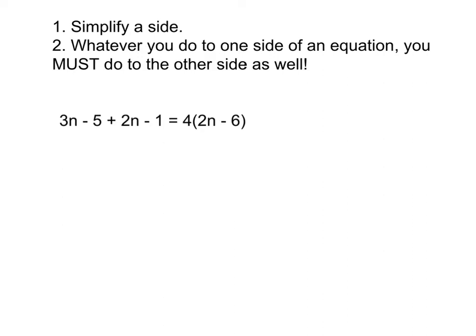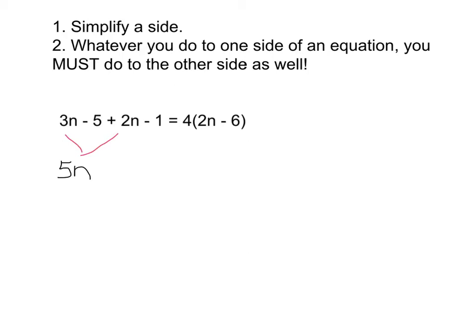If we only consider the left side of the equation, we notice that we have two terms with n's in them, that being the 3n and the 2n, and so we should be able to combine those like terms to get 5n.